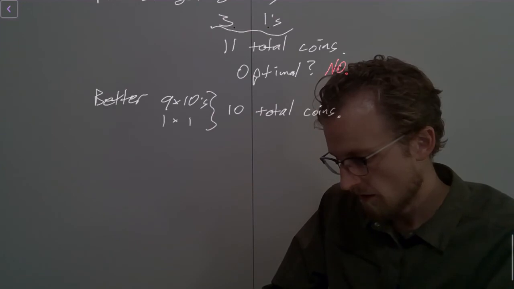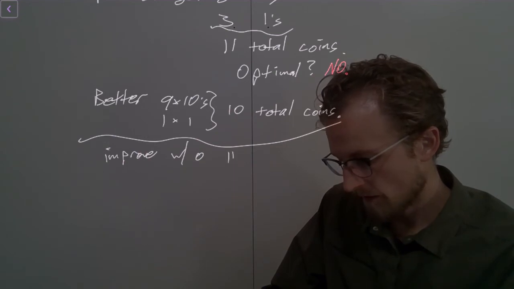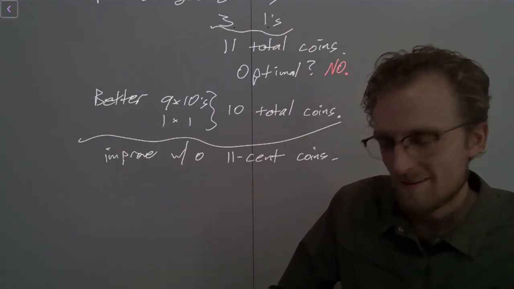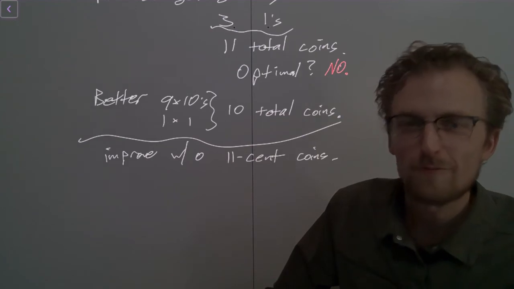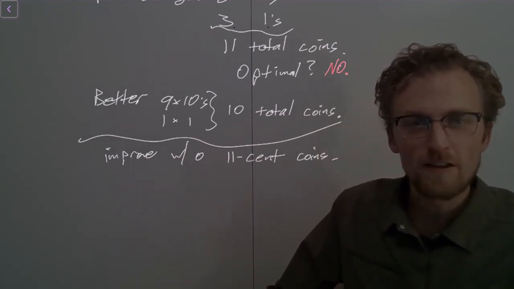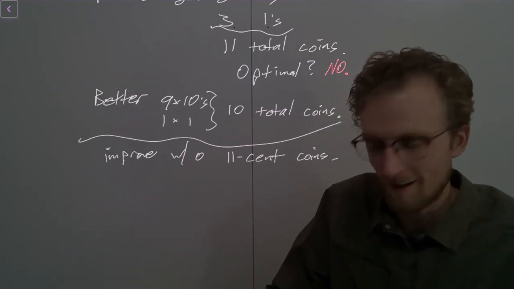Okay, so here we can improve without 11-cent coins. So it turns out this isn't optimal. The optimal uses 8 10s and 1 11, right, for a total of 9 coins. But that's neither here nor there. So the optimal ends up being neither of the things that we initially landed on.